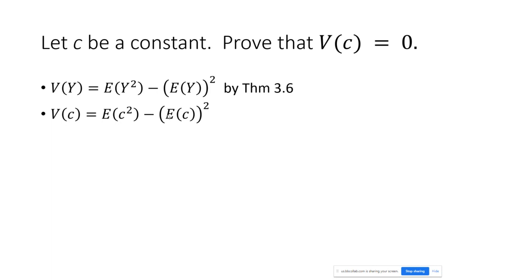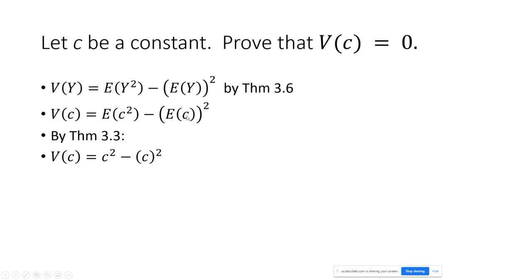Any ideas about what theorem we might use next? Where you say the E, like the previous one, E of C equals C. Yeah, the expected value of a constant equals a constant. So that's theorem 3.3.